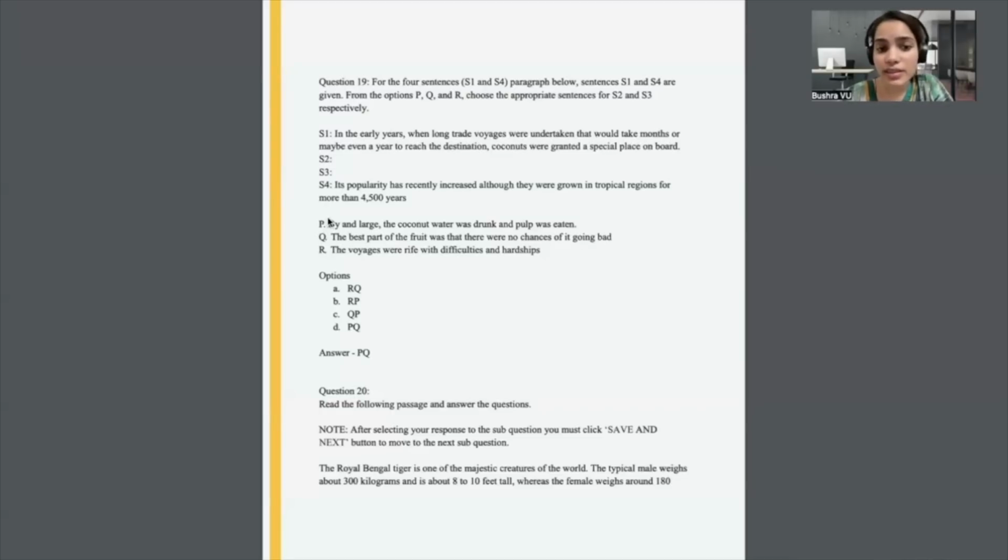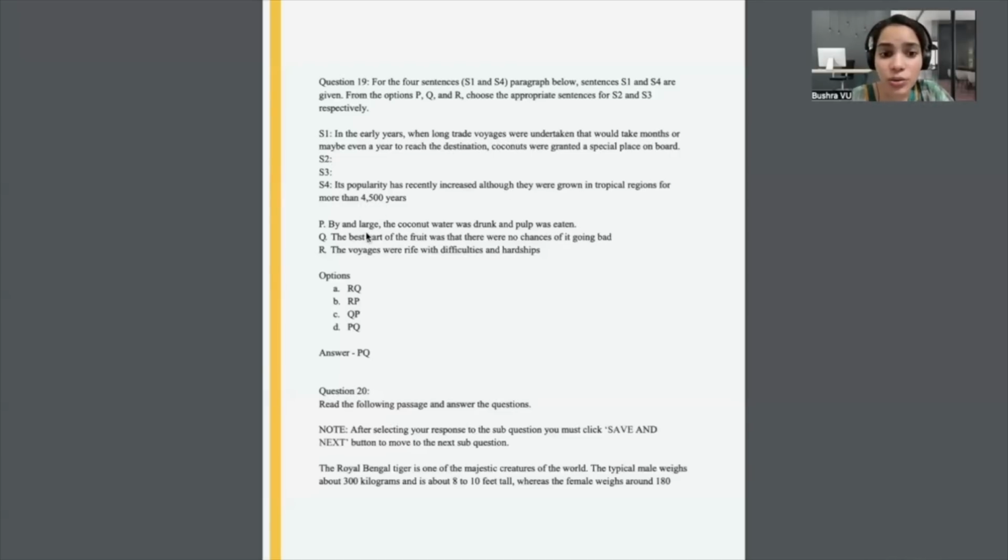So the correct answer is P, because this also closely talks about water in a very sensical manner. If you look at this, by and large, the coconut water was drunk and pulp was eaten. Okay. Now let's look at the 4th sentence and then we will backtrack to the 3rd sentence. Its popularity has recently increased, although they were grown in tropical regions for more than 4,500 years.